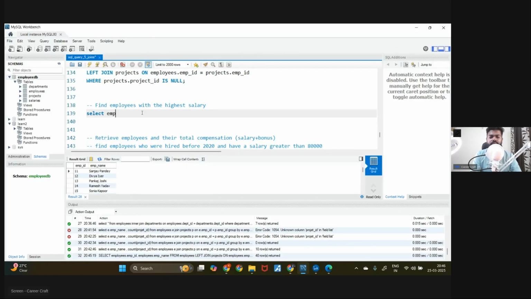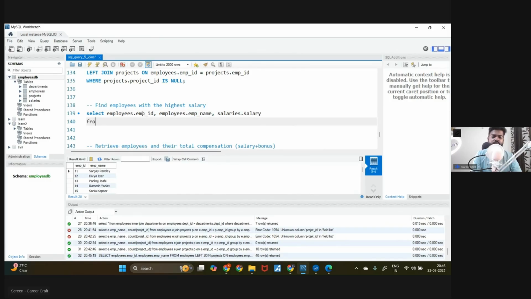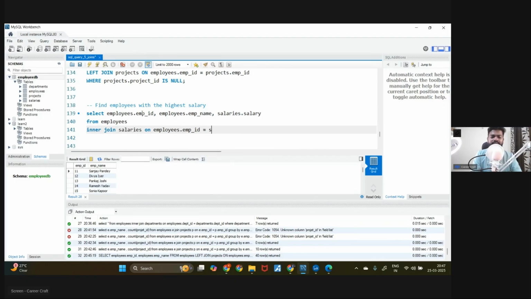Select employees dot employee id, employees dot emp name, salaries dot salary, from employees inner join salaries on employees dot employee id equals salaries dot employee id.